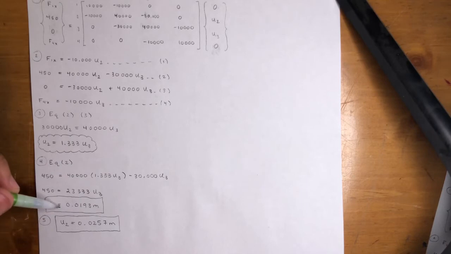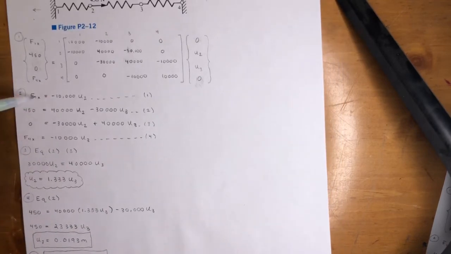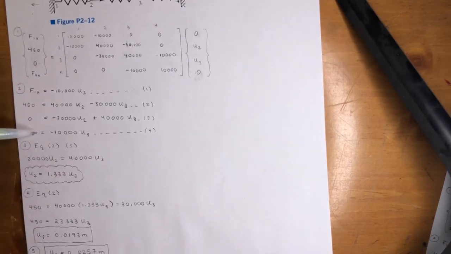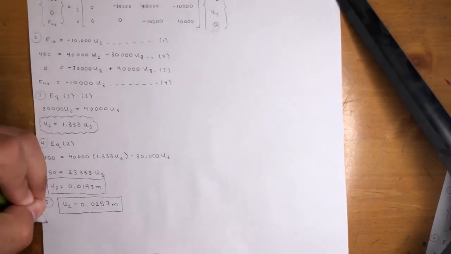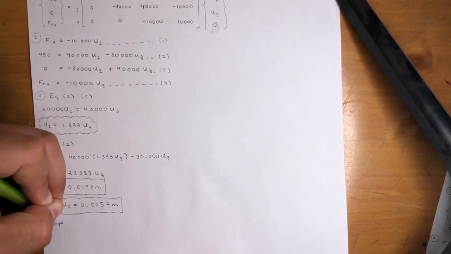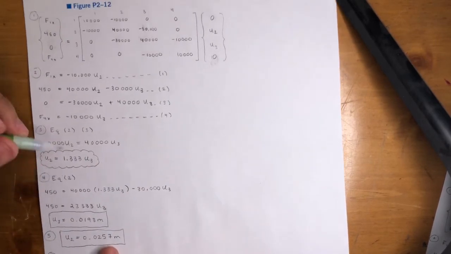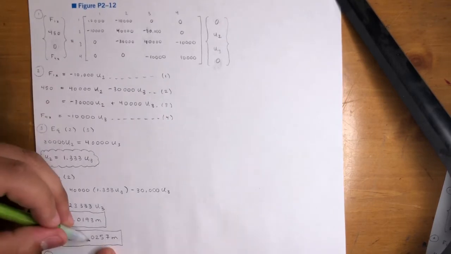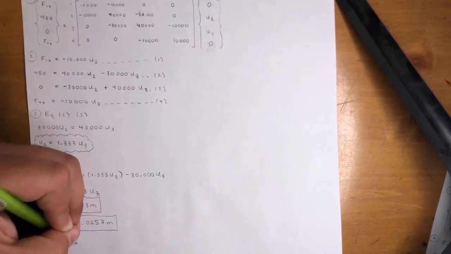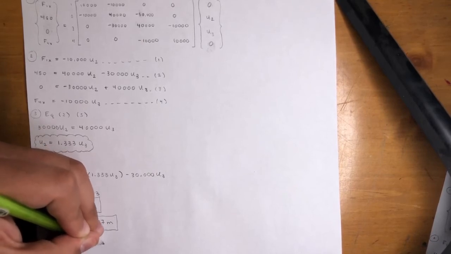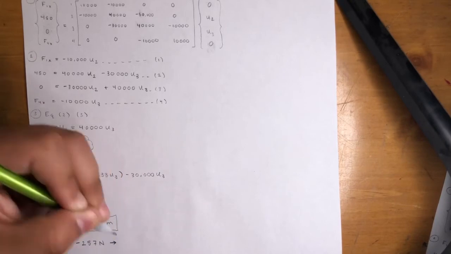Now that we have these two u's, we could find F1x using u2 and then F4x using u3. So step 6, F1x is equal to, plug in this number right here, multiply this by negative 10,000. F1x will be negative 257 newtons going to the right.